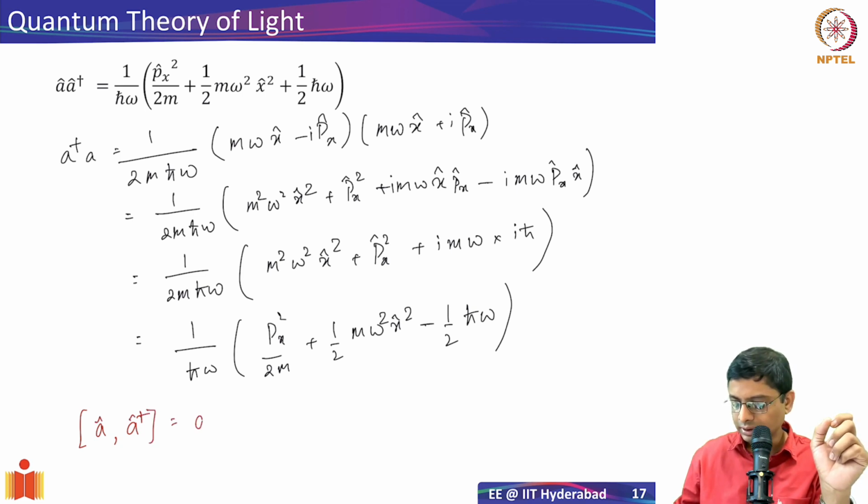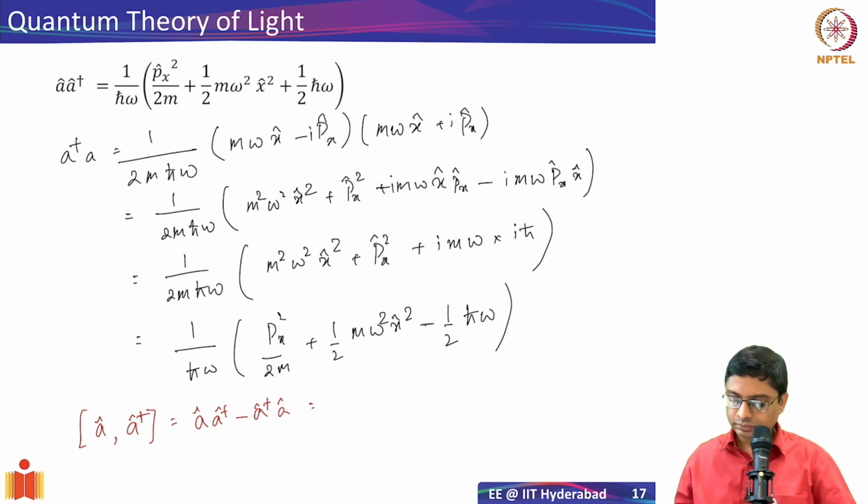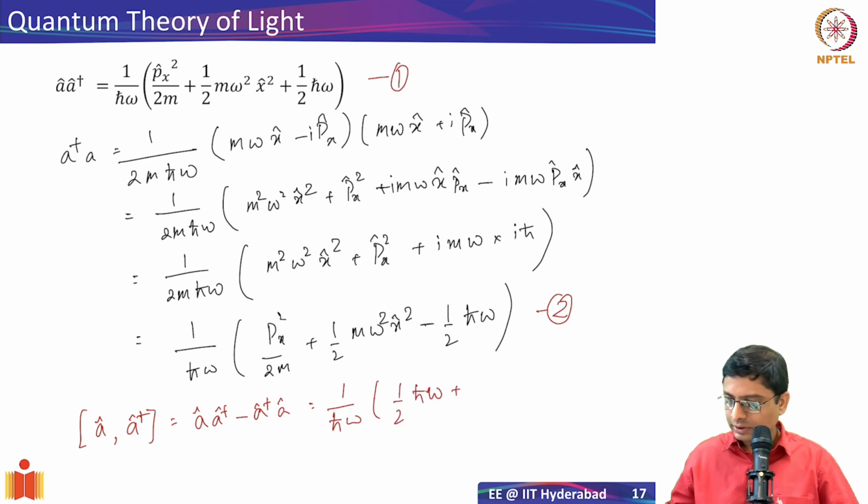That's going to be equal to A A dagger minus A dagger A. So for the whole terms, if you have these two expressions, number 1 and number 2, you subtract one from the other and essentially end up with 1 by h cross omega into half h cross omega plus half h cross omega.